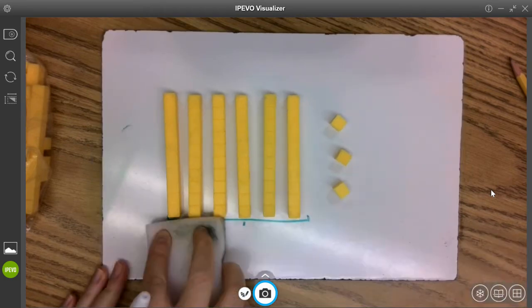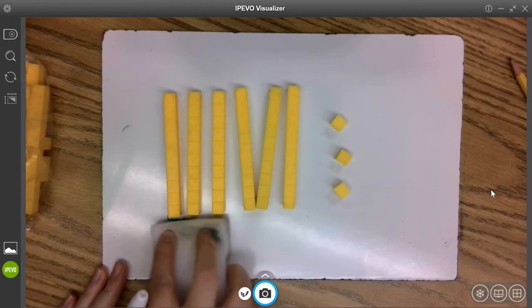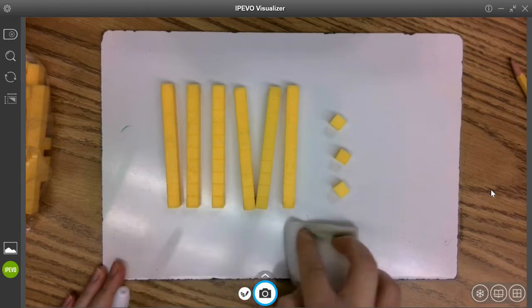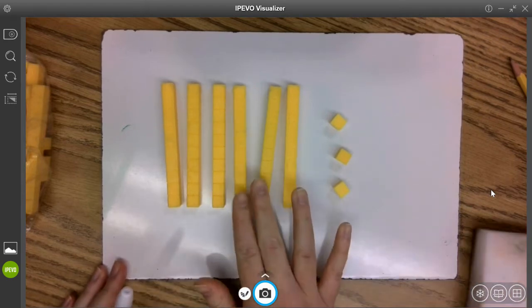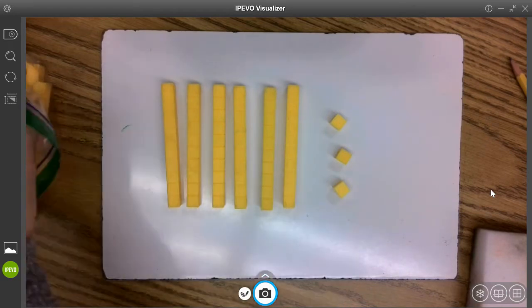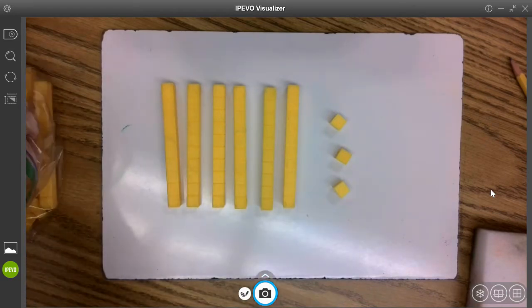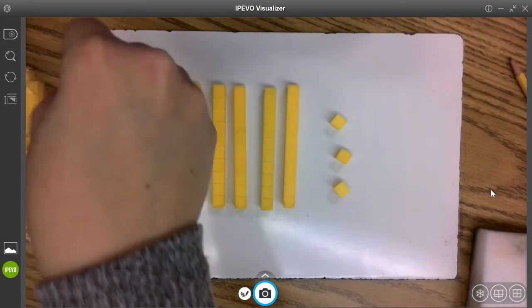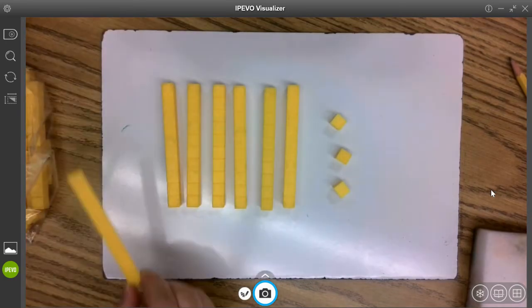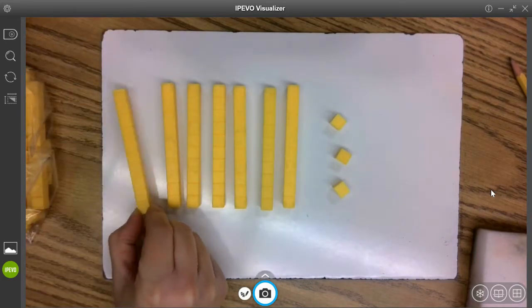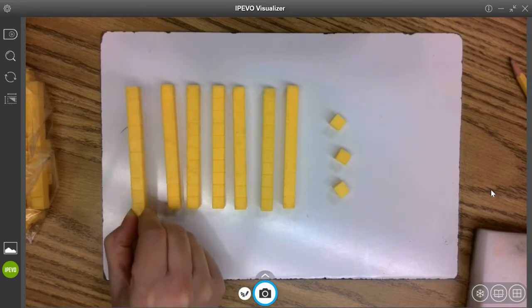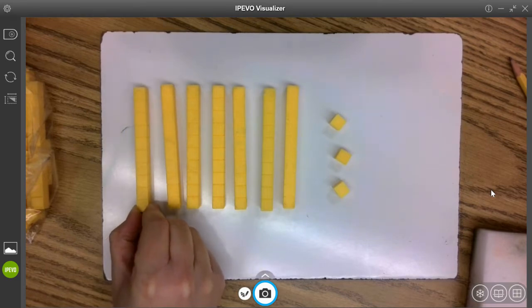No. So if I'm going to get 10 more, my ones are going to do what? Stay the same. Okay. If I need 10 more, all I need to do is add 1 stick.